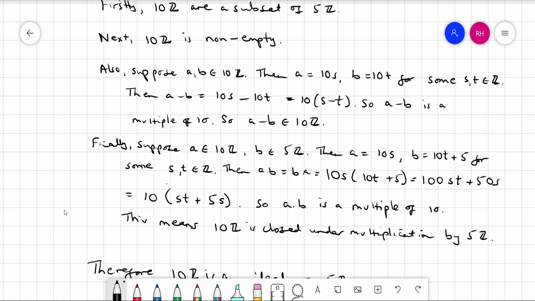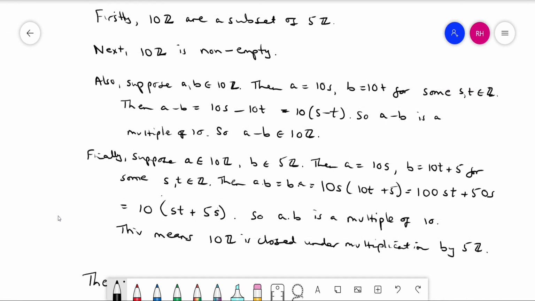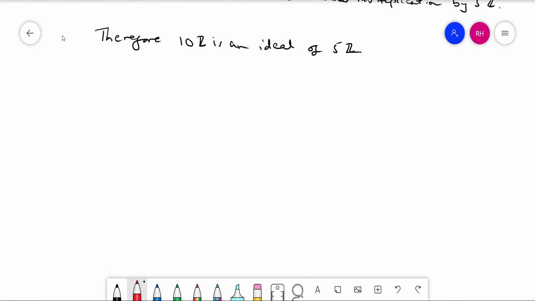So for the person who sent it to me, if you don't need all the proofs that I've put here, it doesn't matter. You can just make the statements that you need. So what I'm saying is, you could just go, firstly, 10Z is a non-empty subset of 5Z.